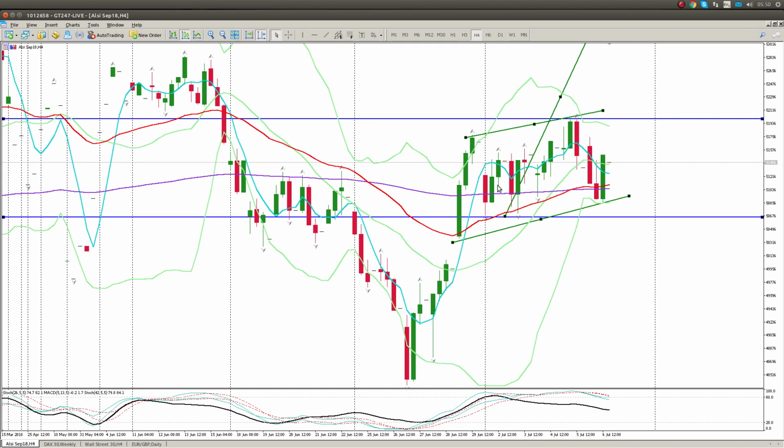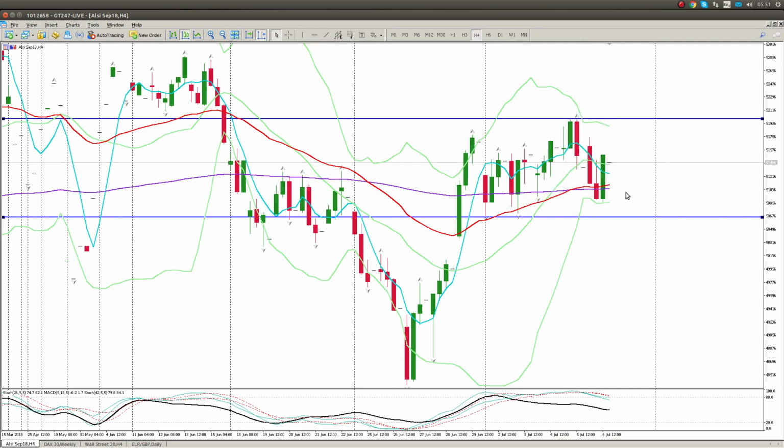So we're going to need a break above here for this to be seen as just a consolidation phase to move to the upside. Otherwise, we have a much bigger flag here for a move back down to close this gap.